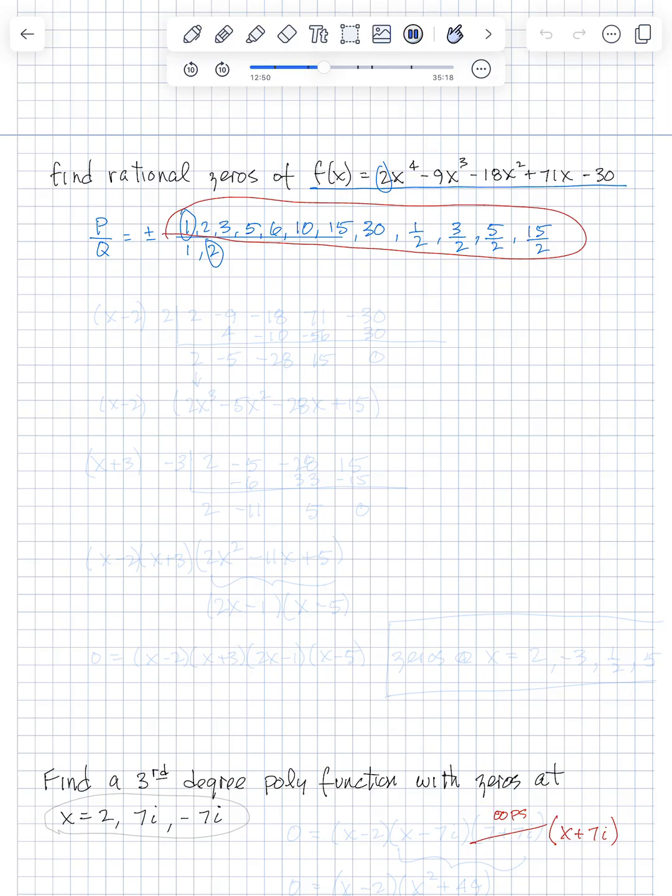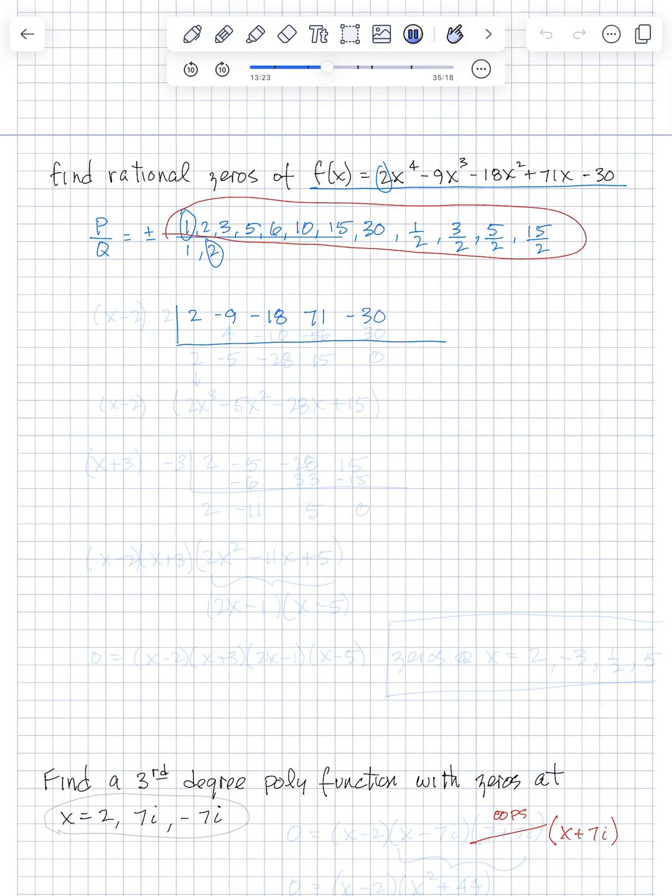So next thing we're going to do is set up our synthetic division. So we use all of our coefficients, and our numbers are going to be 2, -9, -18, 71, -30.